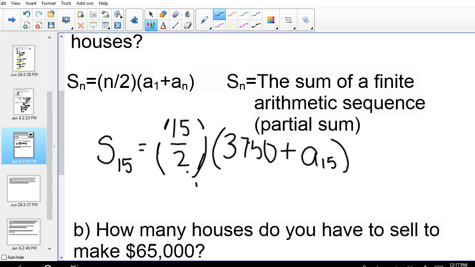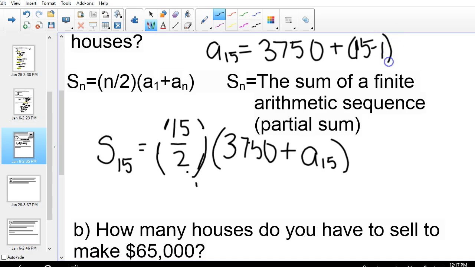So I'm going to go up here because I'm running out of room. A sub 15 would be a sub 1, which is 3,750, plus 15 minus 1 times the common difference. What number are we adding each time? 500.